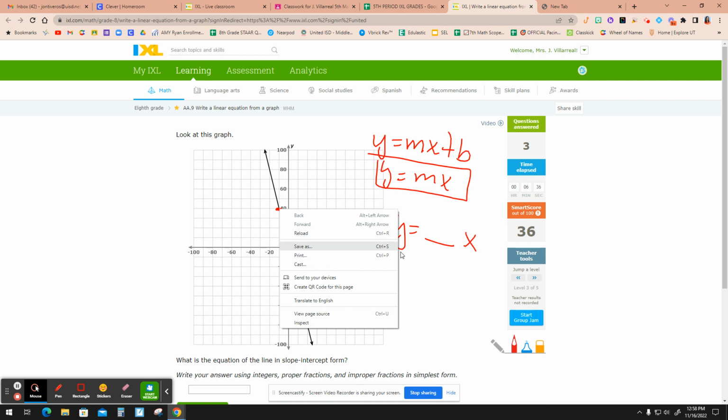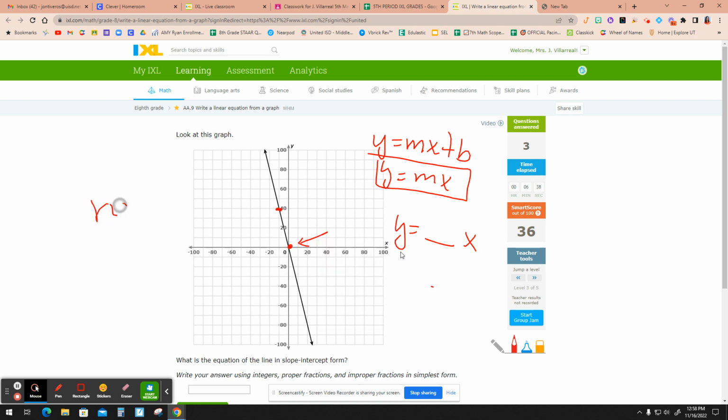So from here, I am rising, and I'm going to run from the starting point. So I'm going to rise 1, 2, 3, 4, and then I'm going to run 1 to the left. So I went left, that means this is a negative.